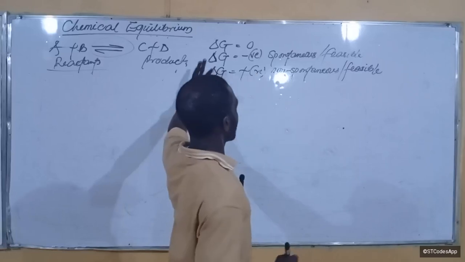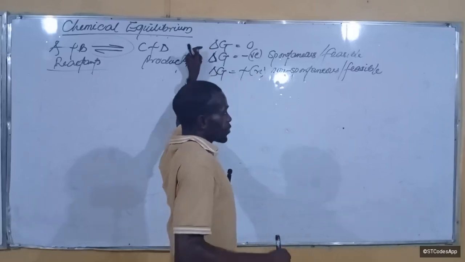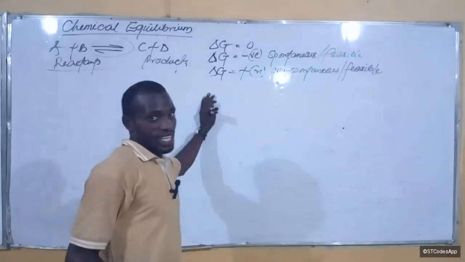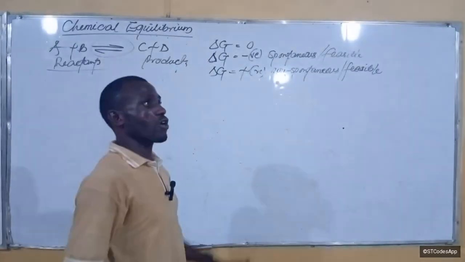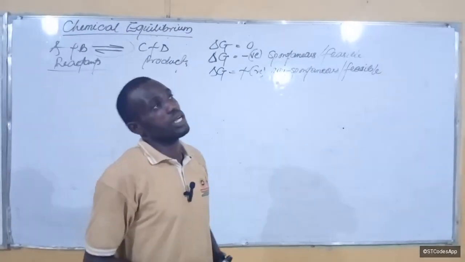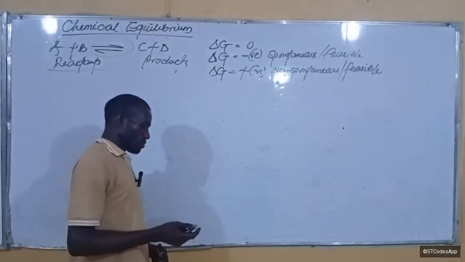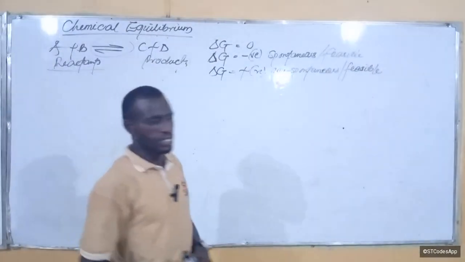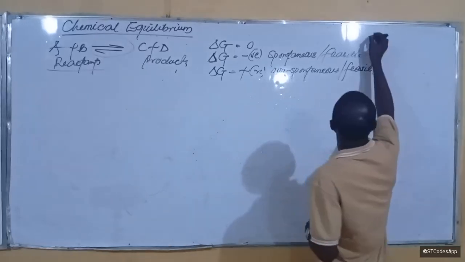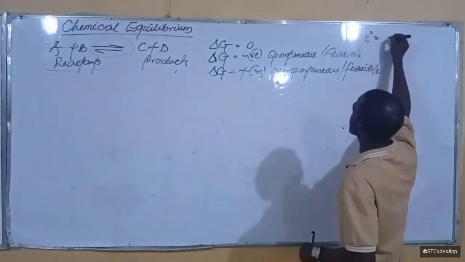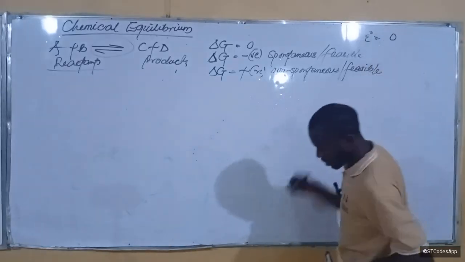Now, you see that this Gibbs free energy may not be what is given. They could also give you the cell potential, or electrode potential. If the cell potential is 0, the reaction is in equilibrium.